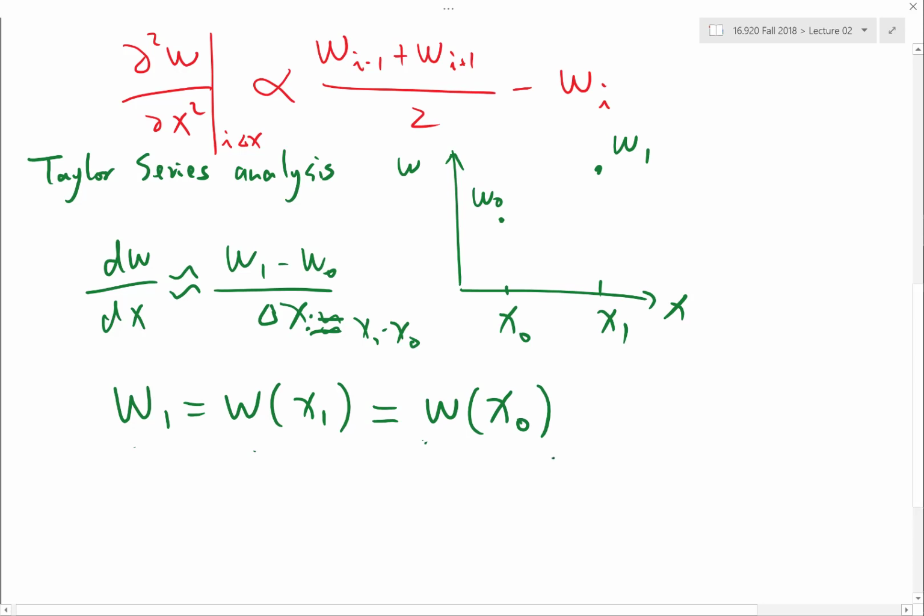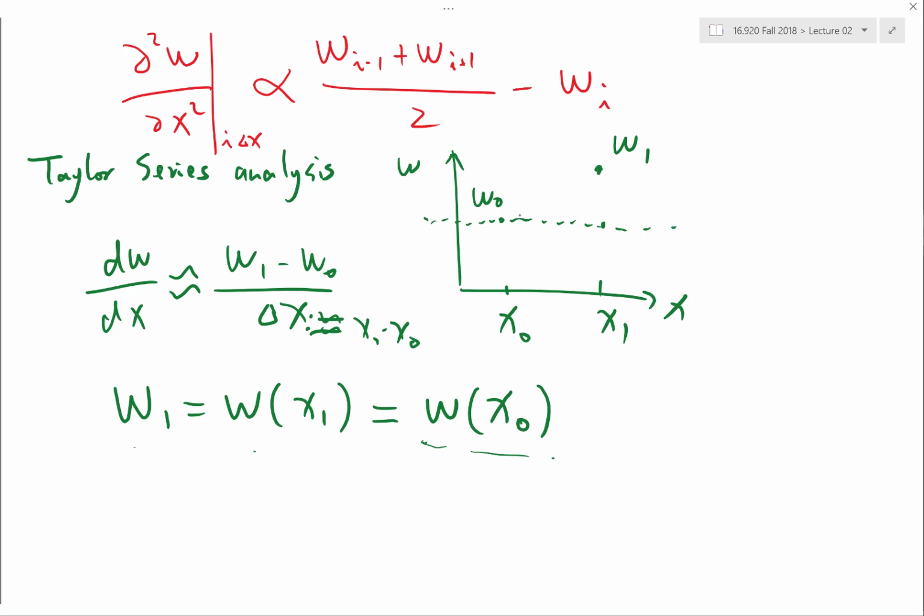If I only keep the first term, it's a very gross approximation of the value at x1. It's an approximation by a constant, which means I'm approximating the value at x1 as the same as the value at x0. This approximation actually works not too badly if x1 is extremely close to x0, right?